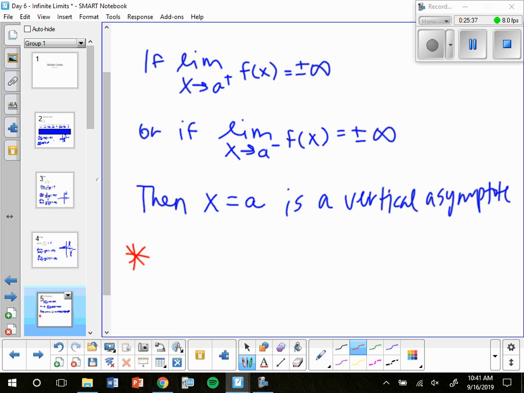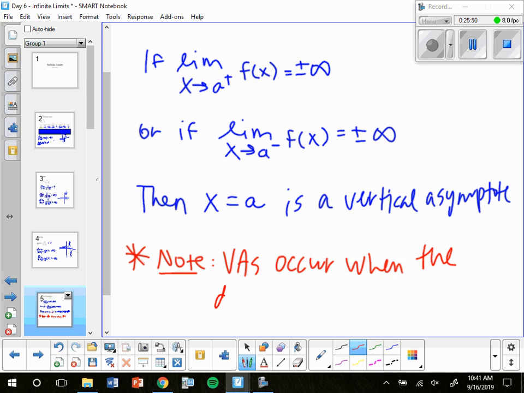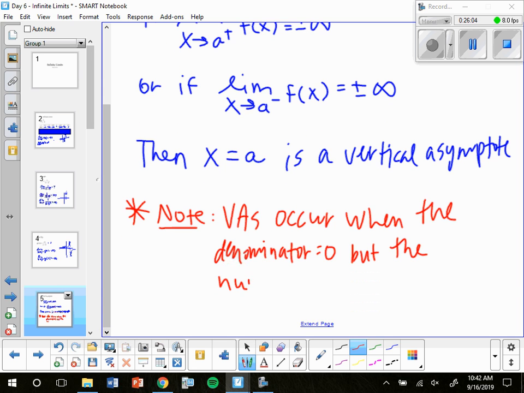One thing that's important to note is that vertical asymptotes, I usually abbreviate them, occur when the denominator equals 0, but the numerator does not.